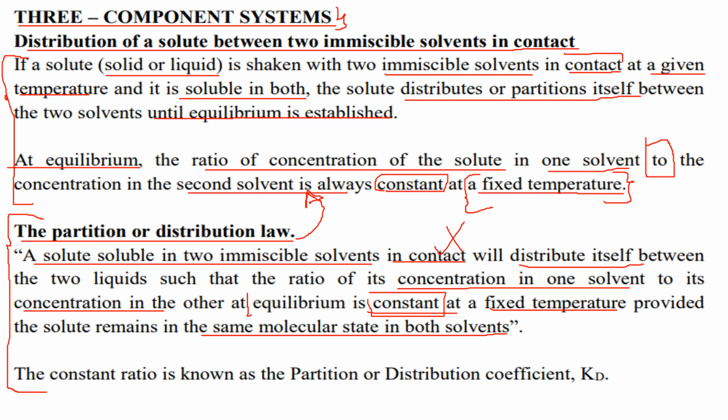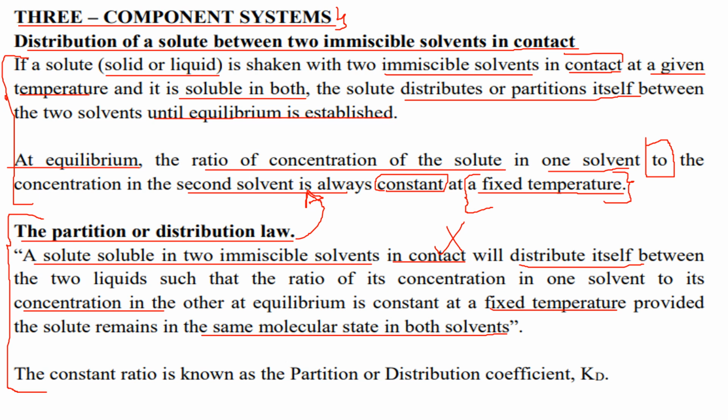We need to see immiscible solvents that are in contact. And after talking about immiscible solvents that are in contact, you talk about the distribution of the solute that we are going to dissolve in those immiscible solvents. And you say that the solute is going to distribute itself such that the ratio of its concentration in one solvent to the other solvent is always constant at equilibrium, provided temperature is kept constant.